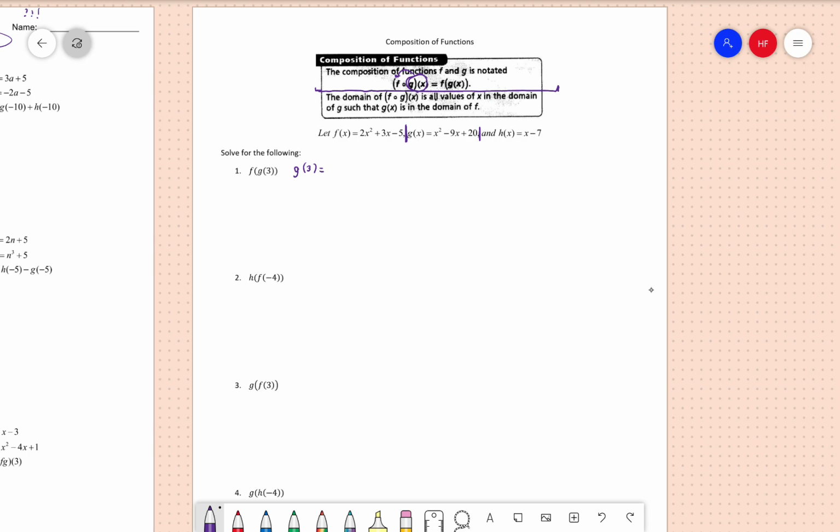G of 3, we've got 3 squared minus 9 times 3 plus 20. 3 squared is 9 minus 9 times 3 is 27 plus 20. Negative 27 plus 20, negative 7, so 9 minus 7, and we get 2. So g of 3 is 2.